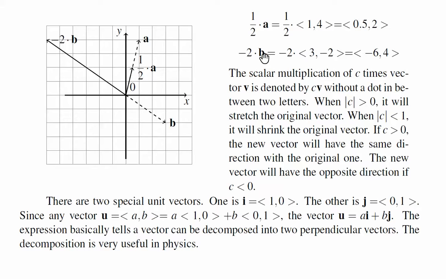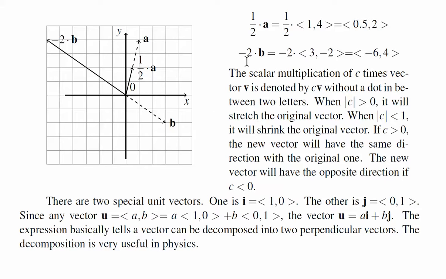Okay. Now the second one is -2 times vector b. B is (3, -2). So 1, 2, 3, -2 is right here. This is vector b.